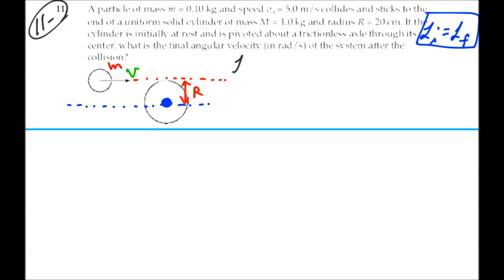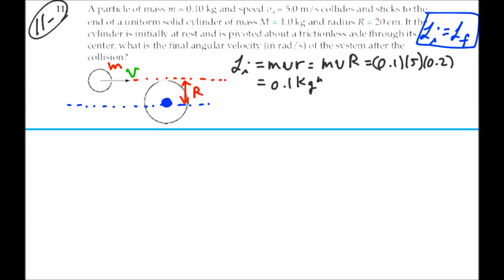So our initial angular momentum of this system is mvr, which is actually mv big R, which in this case is going to be 0.1 times 5 times 0.2, or 0.1 kilogram meter squared per second. So that is our initial angular momentum, and since it's conserved, that is also our final angular momentum. Good to know.